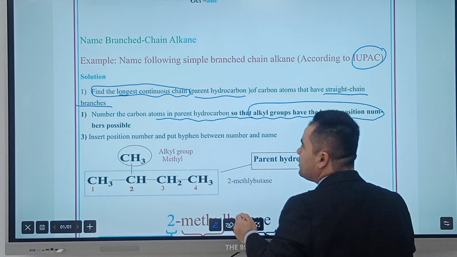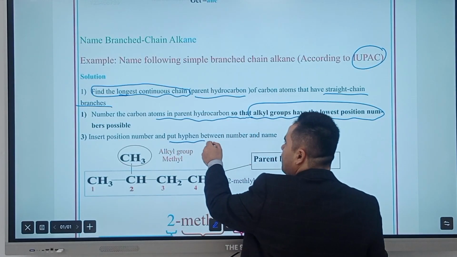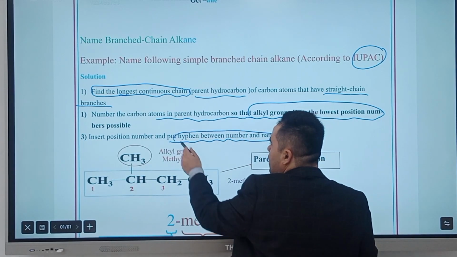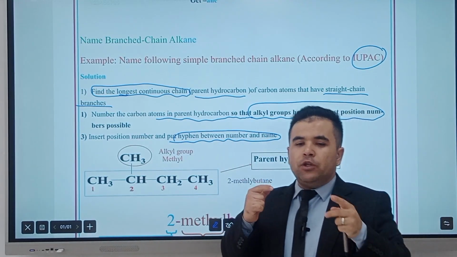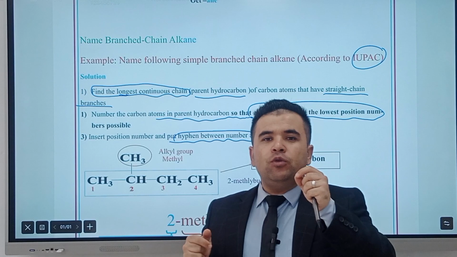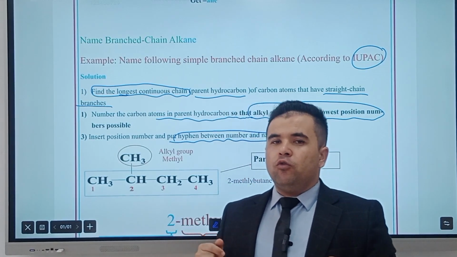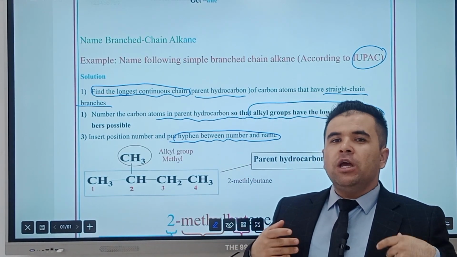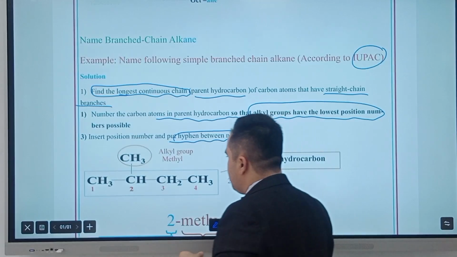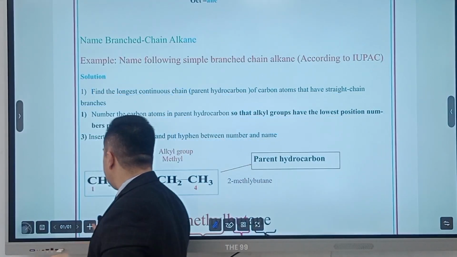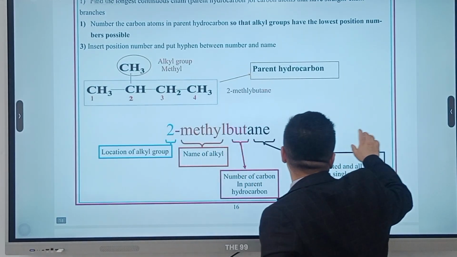And then insert the position number and put a hyphen between number and name. We put a hyphen between number and name, and a comma between number and number if there is more than one branch.